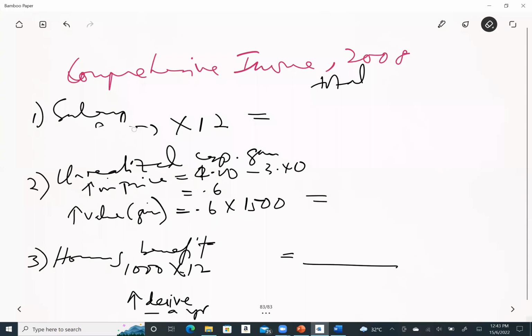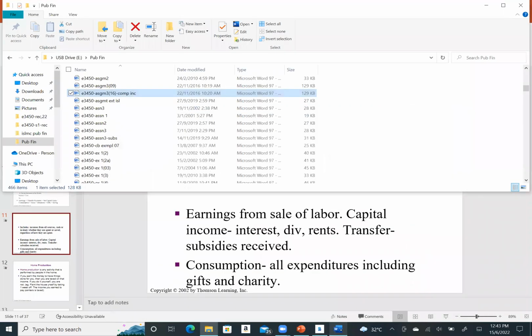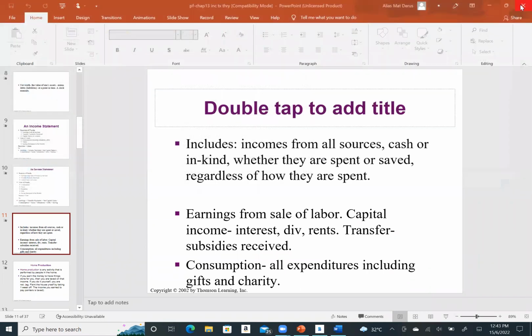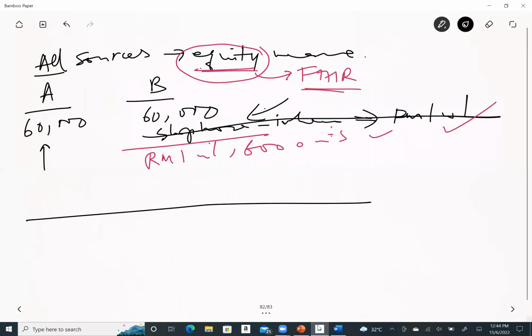Thank you. So suppose the salary is per month. Suppose Ahmad's salary, the one that I gave you is 85,000.